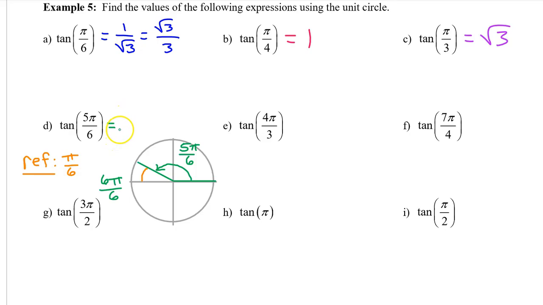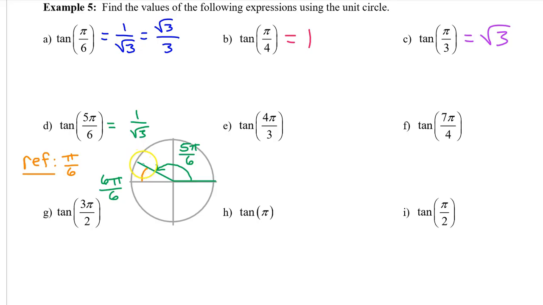Since we know that the tangent of pi over 6 is 1 over radical 3, or I could have said radical 3 over 3, the tangent of 5 pi over 6 will either be 1 over radical 3 or negative 1 over radical 3. So in quadrant 2, we can see that the slope is negative.